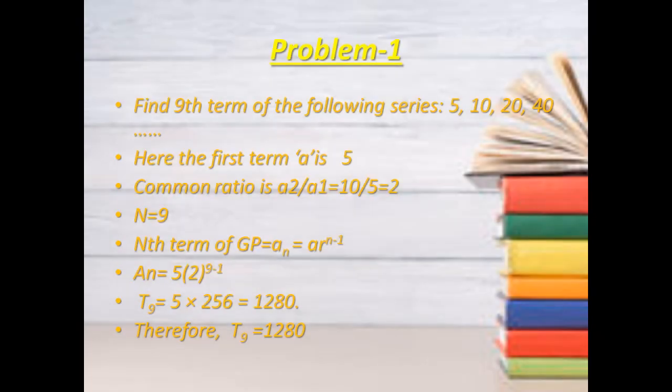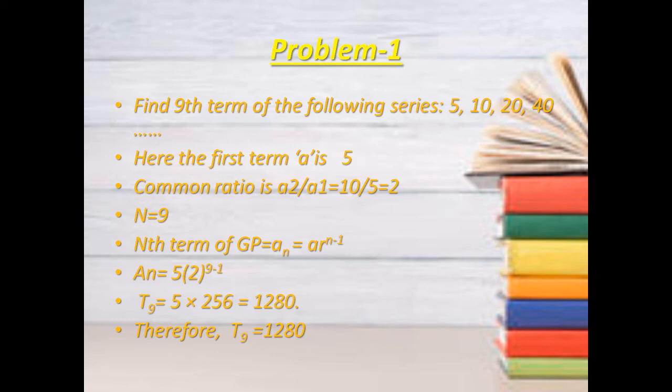Next, we can solve a problem. Find the ninth term of the following series: 5, 10, 20, 40. They have asked us to find the ninth term. Then n will be equal to 9, and in the question itself they have given that the first term A is equal to 5.